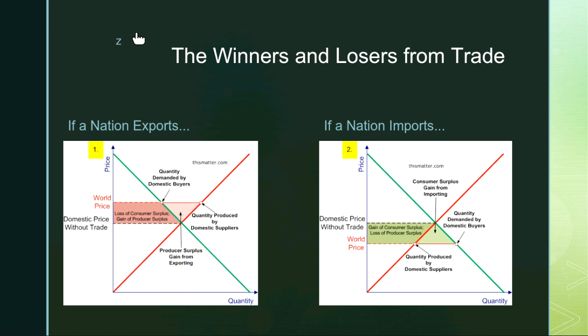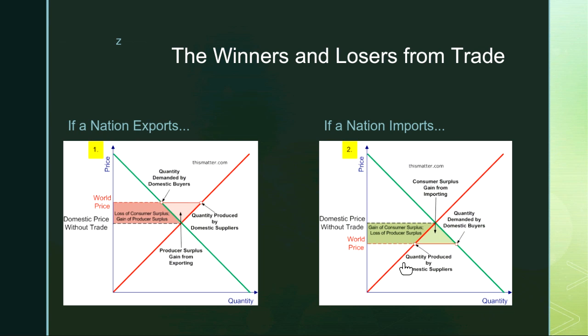Now, if we come over here, we can see a very similar case for imports, except this time, instead of producers winning, it's going to be consumers who win. So notice here the world price is below the domestic price. Because the world price is below the domestic price, quantity demanded has gone up. That follows the rules of quantity demanded. So we see here quantity demanded by domestic buyers is now this point.